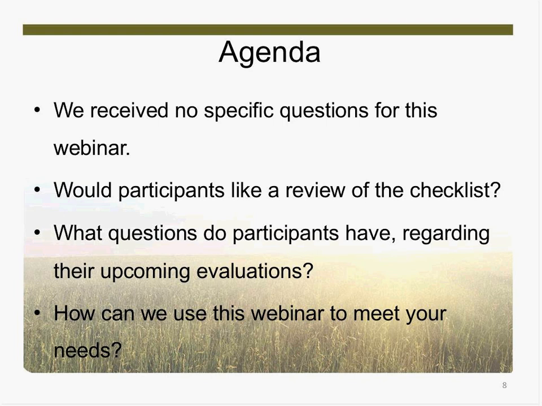Mary? Hi. So first of all, I would like to review the checklist. And second of all, it's my ever-present need. I think it's going to be tough to do this evaluation piece with very large states and very small states, because I think the evaluations are pretty different in those.